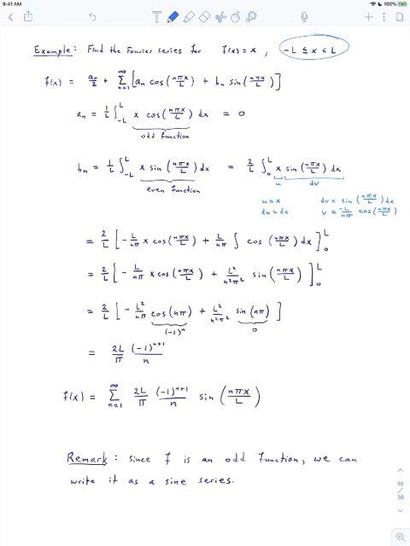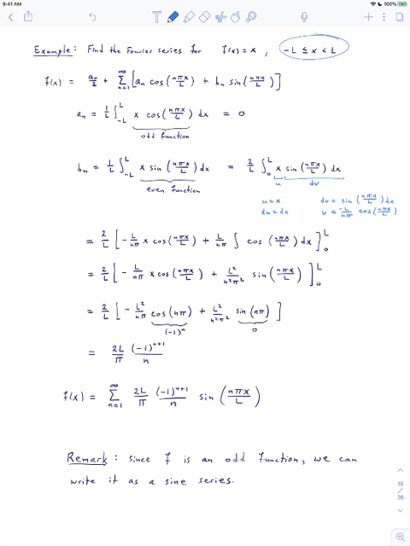If you take an odd function times an even function, you get an odd function. And if you integrate an odd function over a symmetric region from minus L to L, for example, you just get 0. Everything cancels. So that's going to cut our work in half.